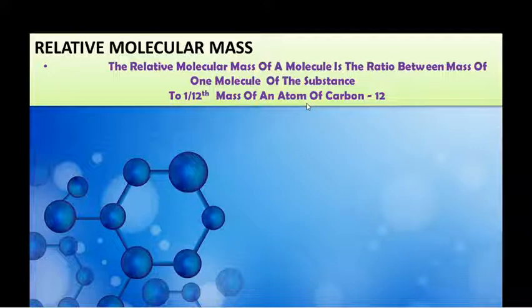In the 18th century, they took hydrogen, oxygen and others as the standard to compare other elements. But nowadays we take carbon 12 as the standard isotope for comparison, because carbon forms millions of compounds.